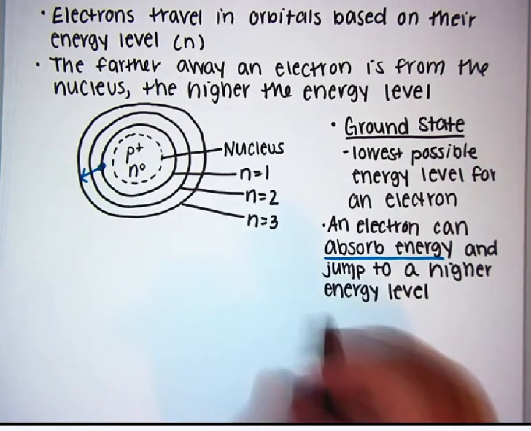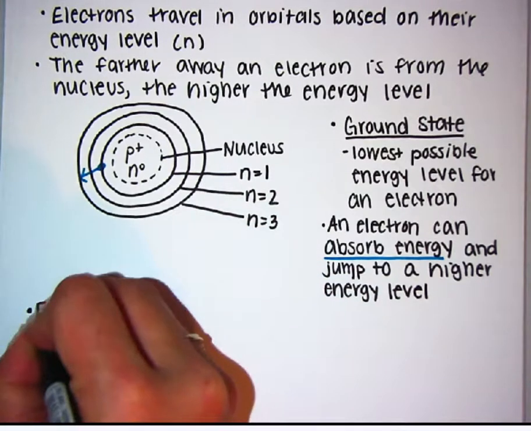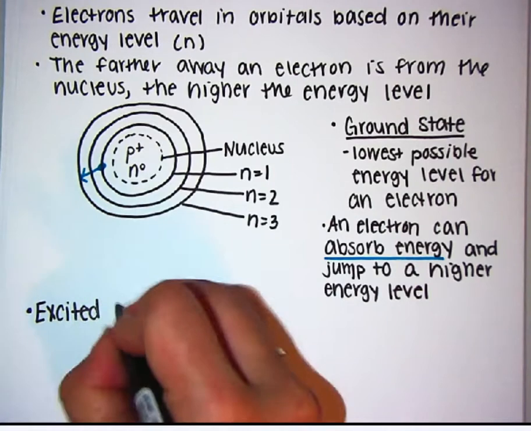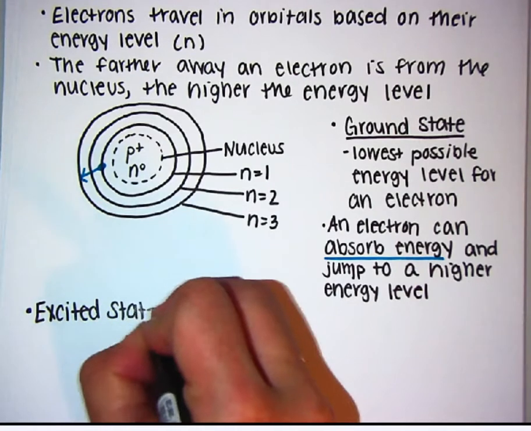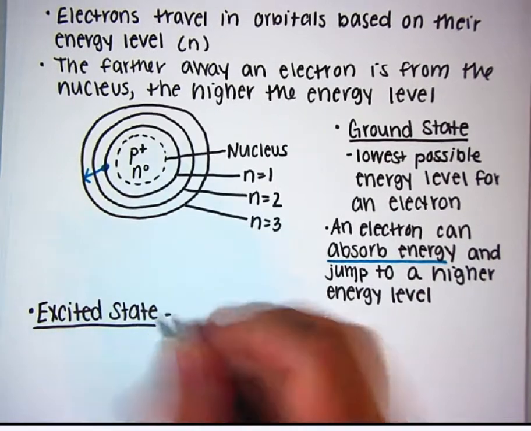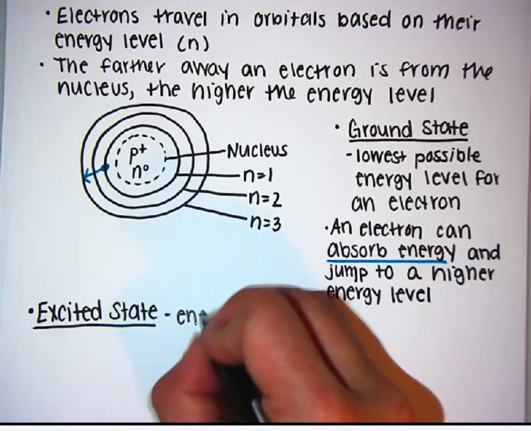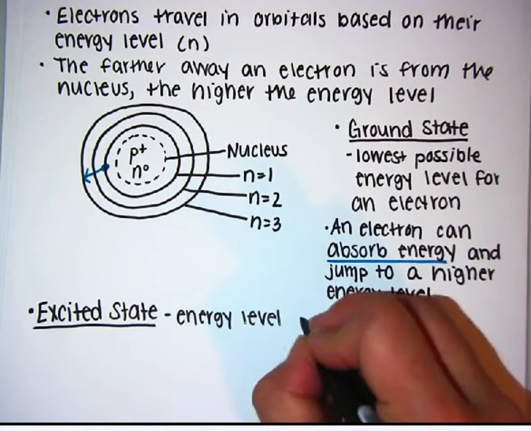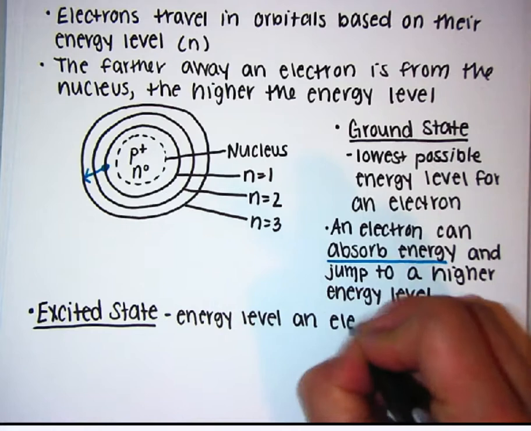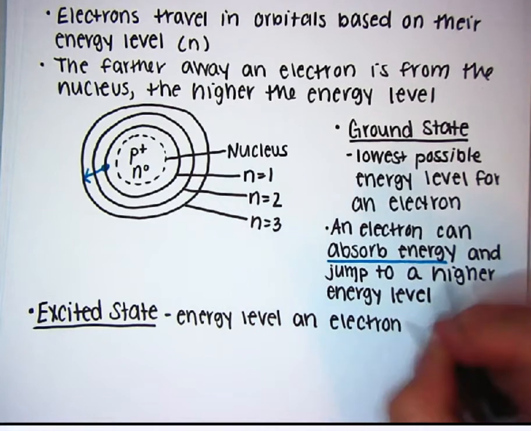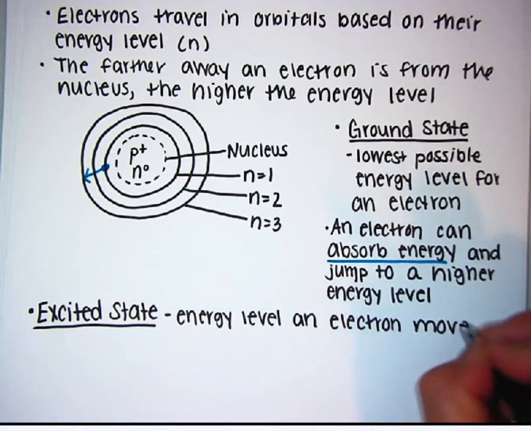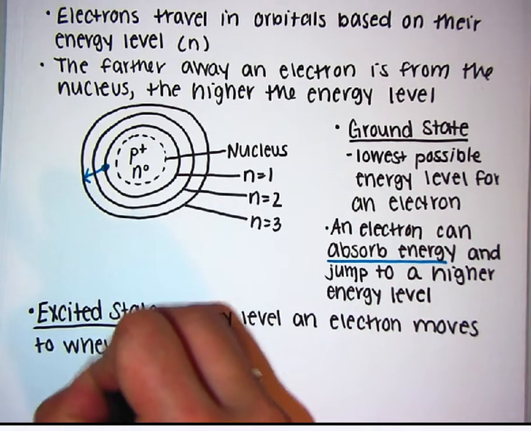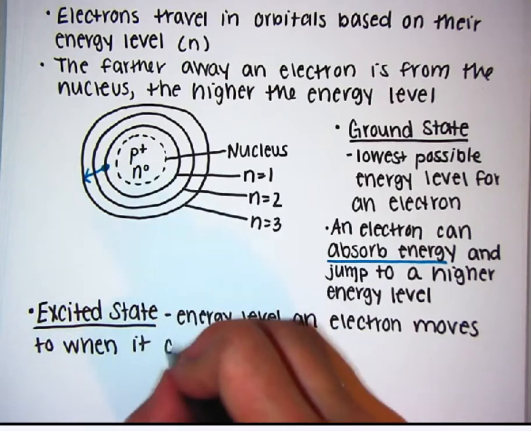We would call N equals 3 the excited state. The excited state is the energy level an electron moves to when it absorbs energy.